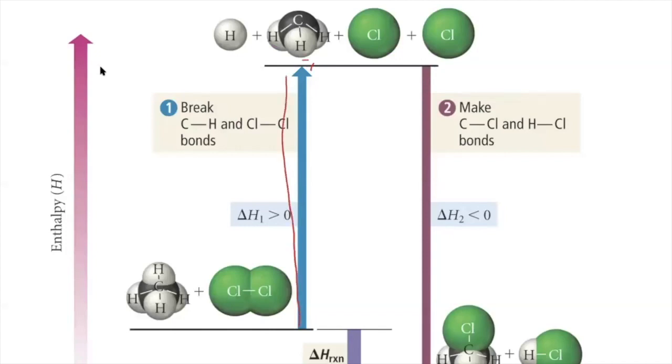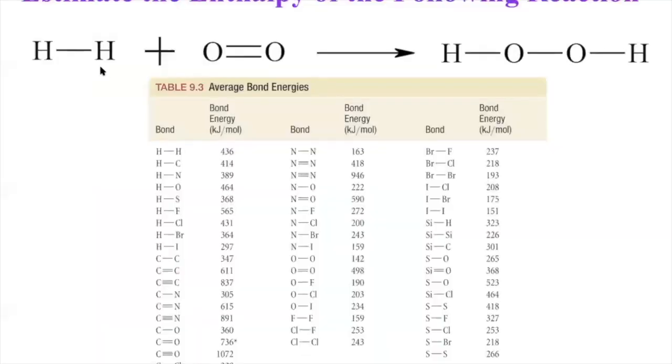You're going to have to put in energy, and exothermic while you're forming bonds. So we have an example here. Notice that these are bonds that are being broken, which is endothermic, and these are being formed, which are going to be exothermic.